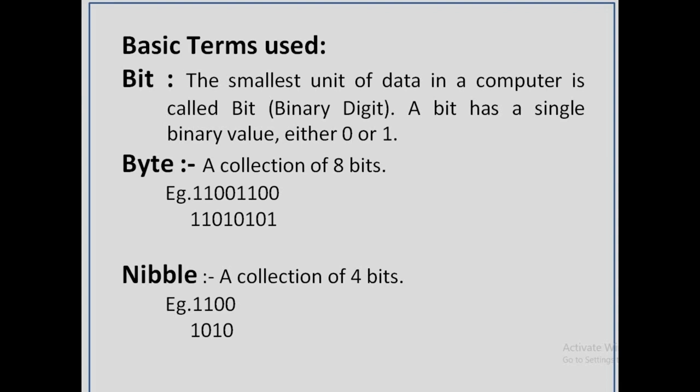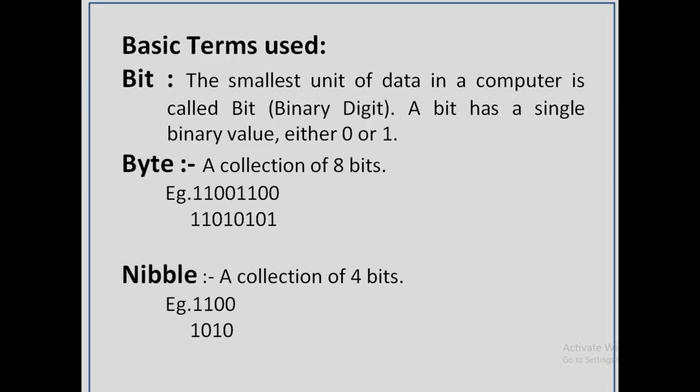So we should know the basic terms used for digital system. So first basic term is bit. So bit is the smallest unit of data in a computer is called bit, or we can say binary digit. A bit has a single binary value, either 0 or 1. Second term is byte. Byte is nothing but a collection of 8 bits.